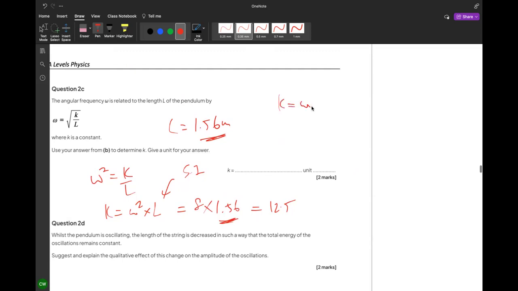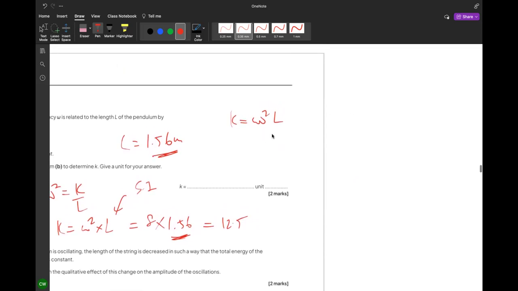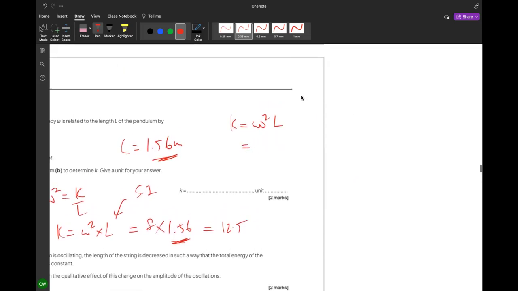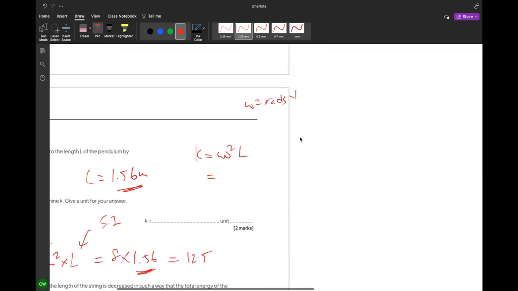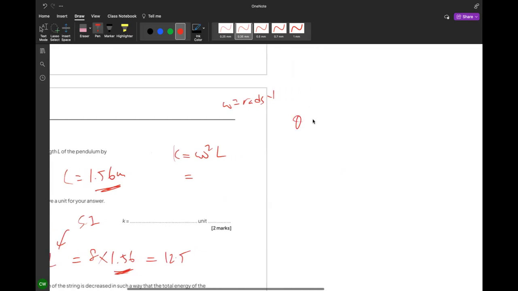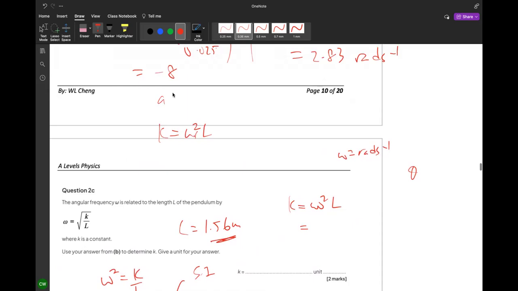K is omega square L. Omega is radian per second. Radian is the angle. Actually this one, K equals omega square L. It's actually similar to a equals omega square s.